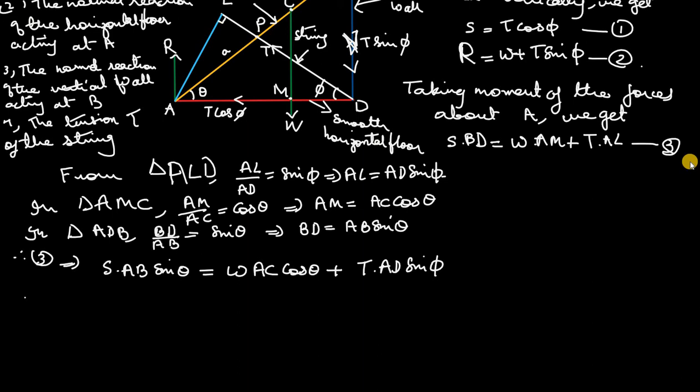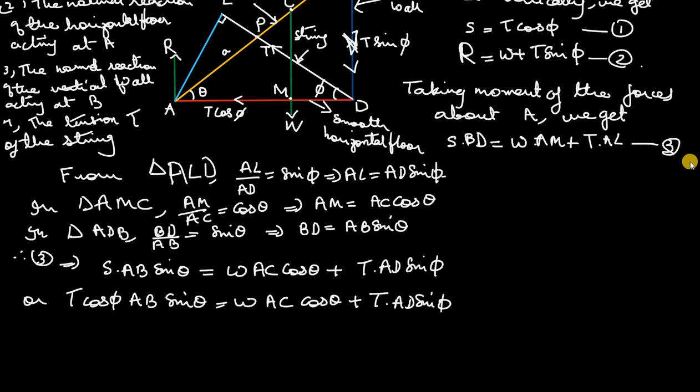So T cos phi into AB sine theta is equal to W into AC cos theta plus T into AD sine phi.